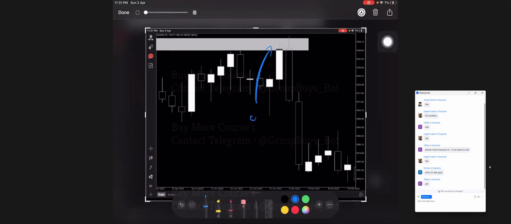After the closing, it will open the new candle. This candle. And then after the new candle opens, it will turn into downtrend, from resistance to support.